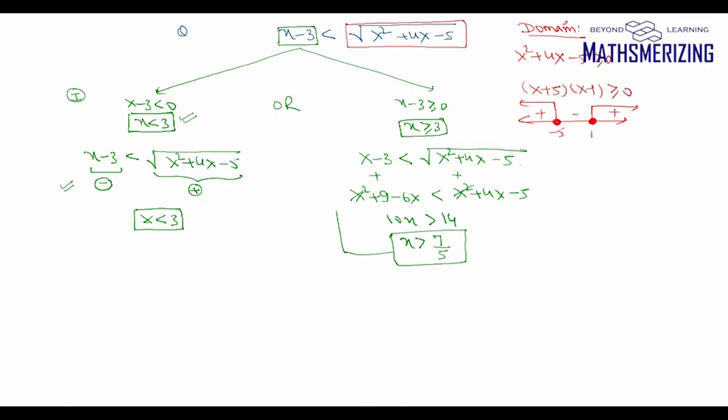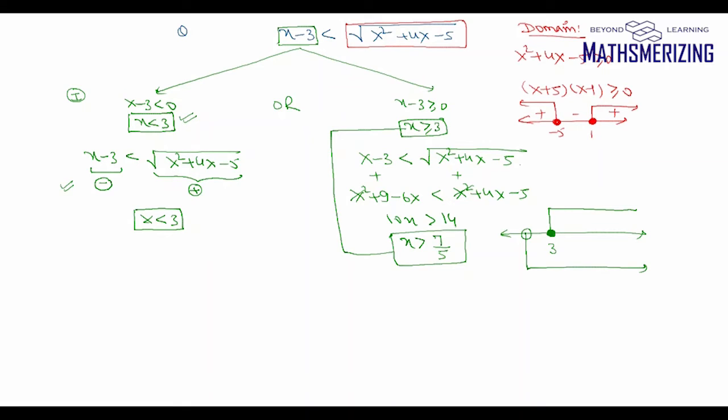But this result comes with the condition that x should be greater than or equal to 3. So I'll need to take the intersection of these two conditions. The first condition says x is greater than or equal to 3, and the second condition says x should be greater than 7 by 5.